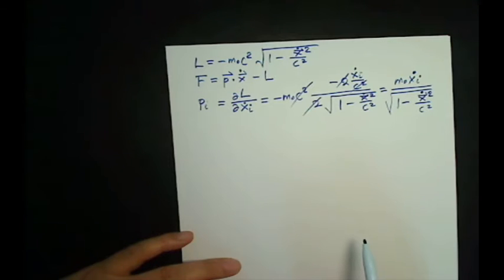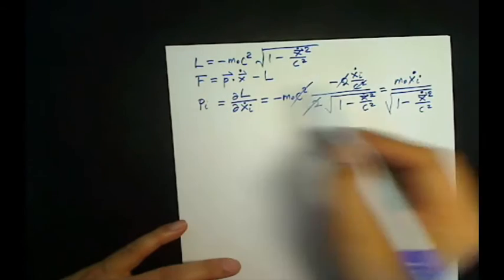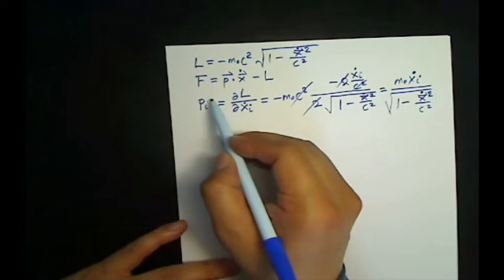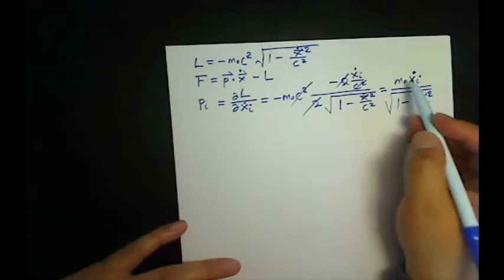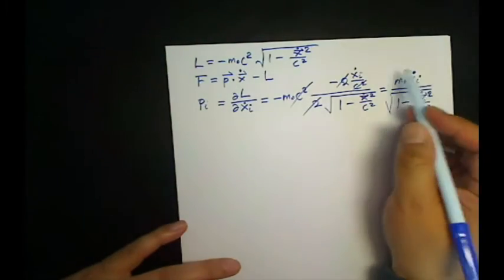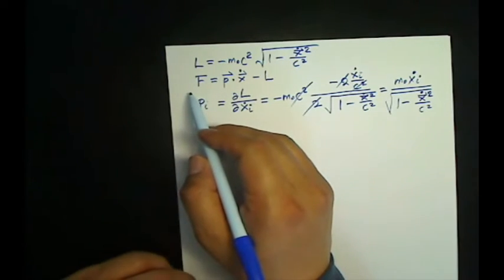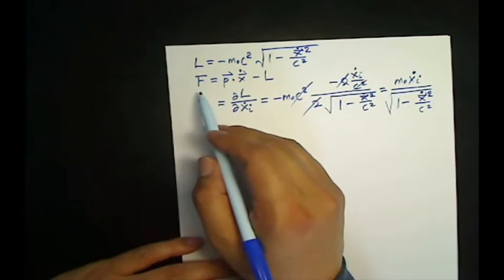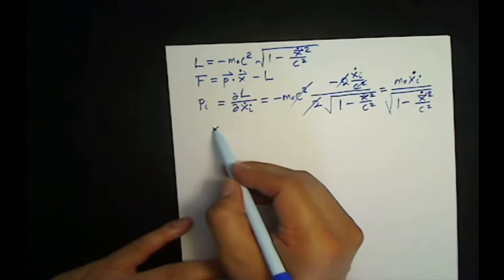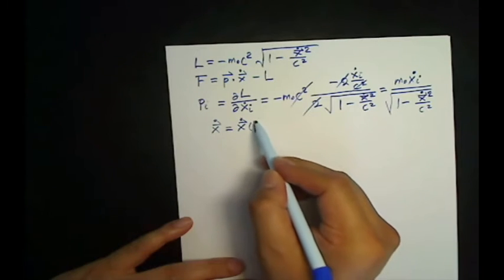Before we substitute this conjugate momentum into the F function, we need to find the maximum value of the function F. That maximum value is the Hamiltonian, and it is to be evaluated with x dot equal to x dot of p.